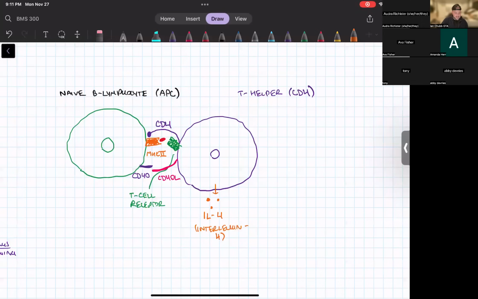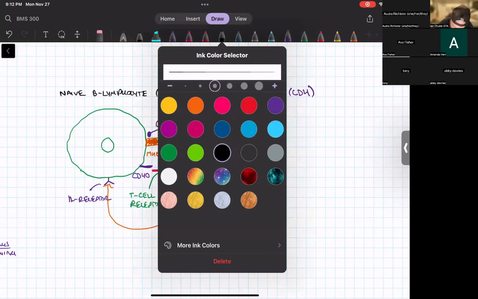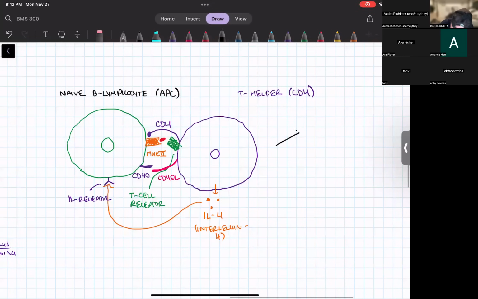Interleukin 4 is a chemical messenger that is then going to come on over and talk to an interleukin receptor that's on the lymphocyte itself. So here's my IL receptor. When this binds, it's telling that B lymphocyte one of two things.